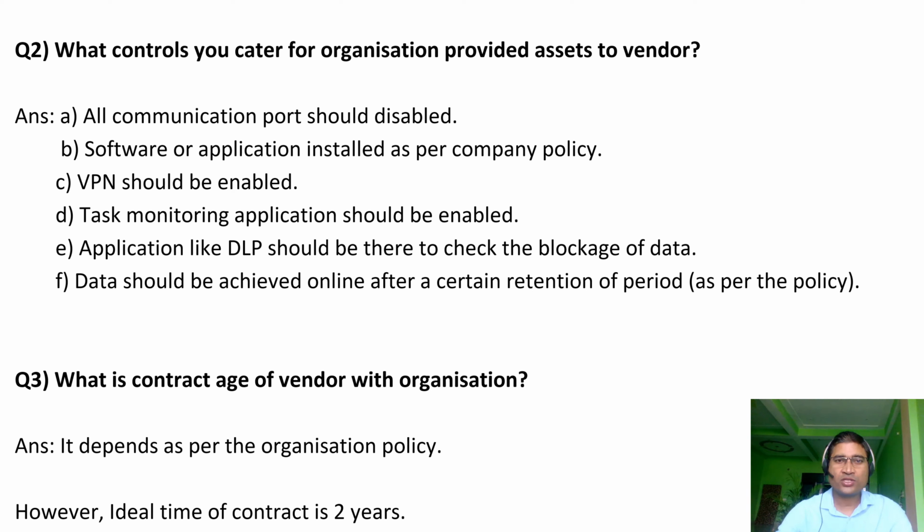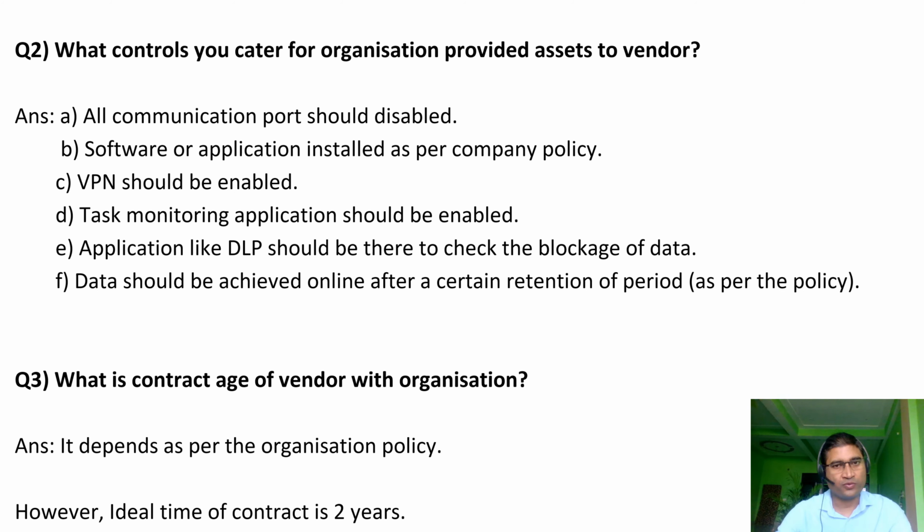Next question: what controls will you cater for organization-provided assets to a vendor? That means the organization has hired the vendor and is providing its own laptop for their functionality. So what controls will you manage on the assets?